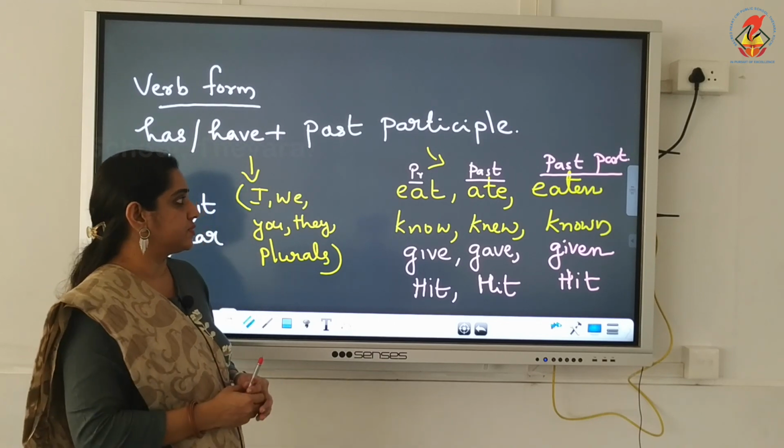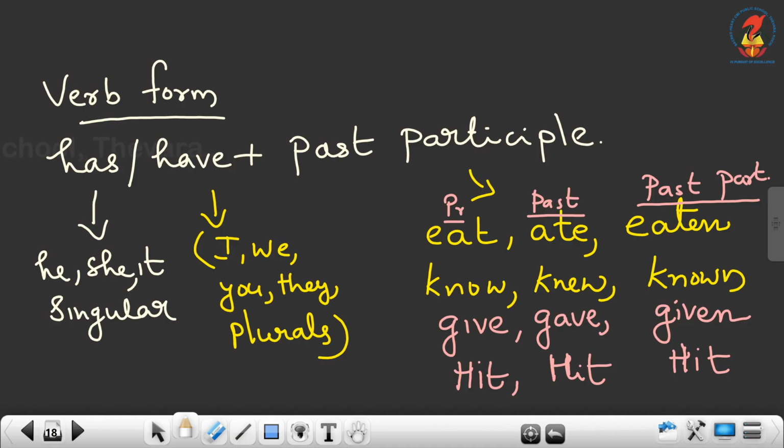Let us see some verbs, so it will be more clear for you. Eat, present tense; ate, past tense; eaten, past participle. Then know, knew, known, this is the past participle form. Give, gave, given. Given is the past participle. For some verbs like hit and put, the forms are the same: present tense, past tense and past participle.